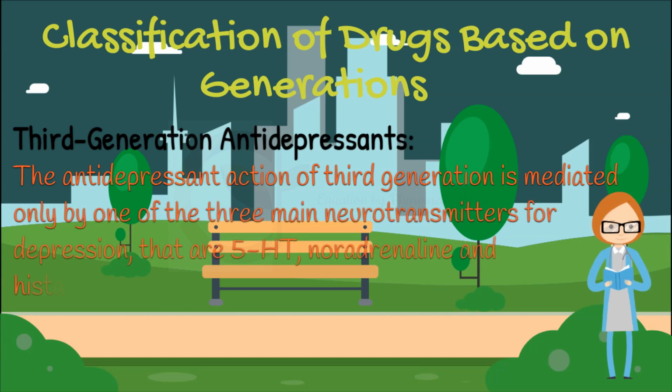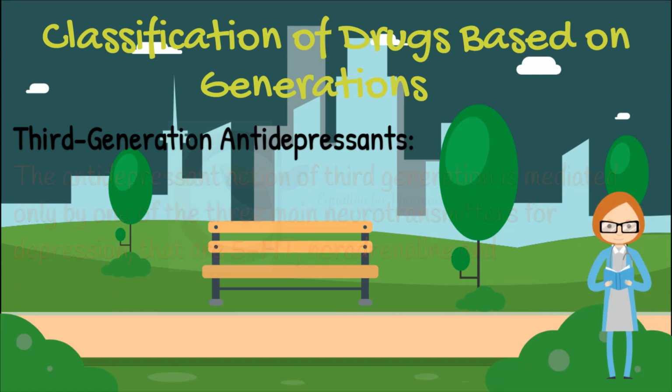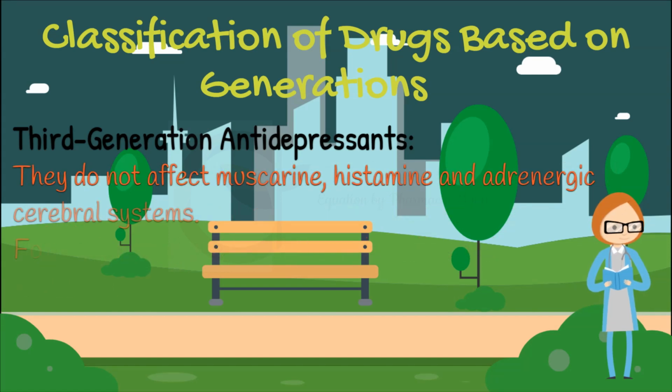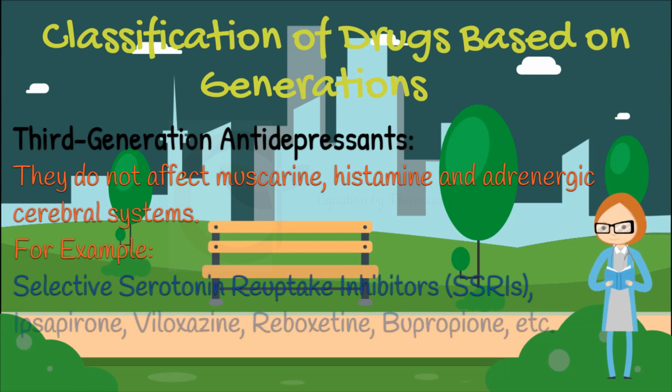The antidepressant action of the third generation is mediated only by one of the 3 main neurotransmitters for depression, that are 5-HT, noradrenaline, and histamine. They do not affect muscarinic, histaminic, and adrenergic cerebral systems. For example, selective serotonin reuptake inhibitors SSRIs, ipsapirone, viloxazine, reboxetine, bupropion, etc.